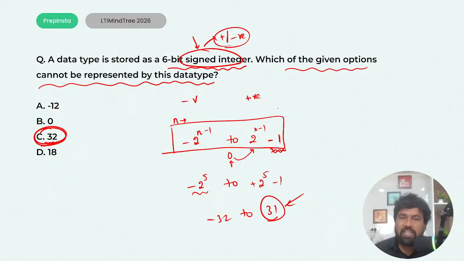Unsigned integer range will start from where? Guys, all of you please click on the live button so that the gap between you and us will be like 10 seconds. Because you are not answering the question, I'm feeling like you might be lagging behind.